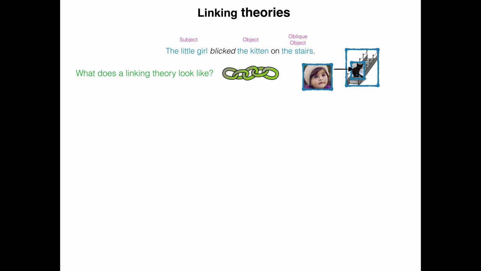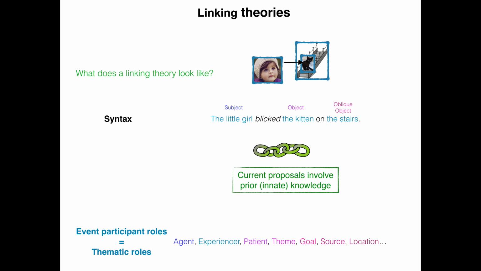So what exactly does a linking theory look like? It turns out that there are a couple of current proposals, both of which, the ones that we're going to talk about, the variants, involve innate knowledge about these links. So the first part is they involve event participant roles, which are typically talked about as thematic roles.